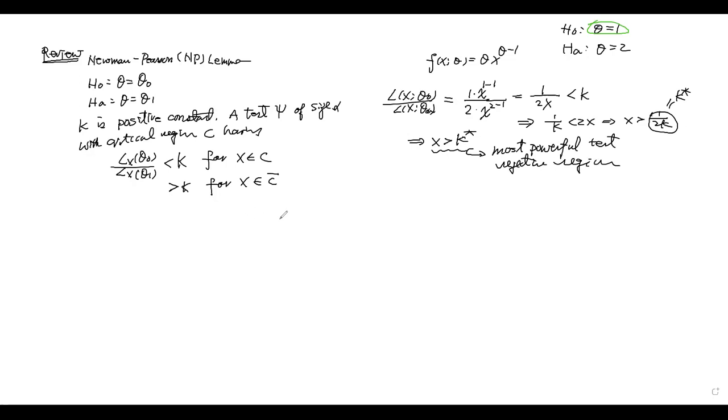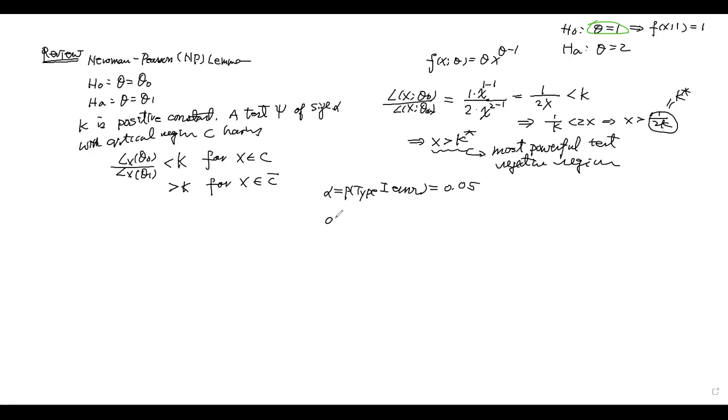Correct? And because the problem tells us alpha is equal to the type 1 error, here this is 0.05. That means alpha is the probability that when the null hypothesis is true, you are in the rejection region. When the null hypothesis is true, when theta equal to 1 is true, my PDF is just equal to 1, right?